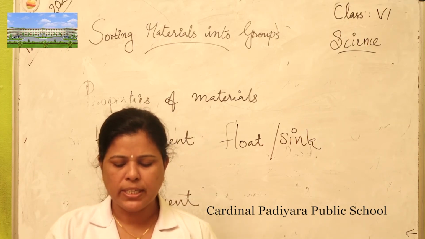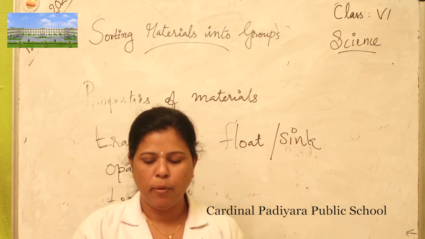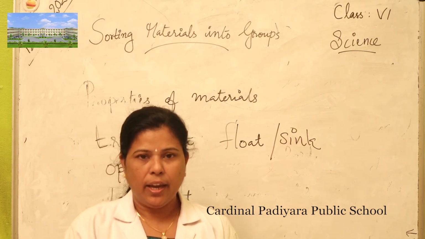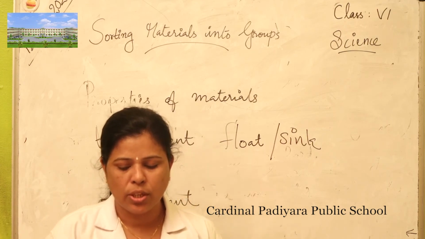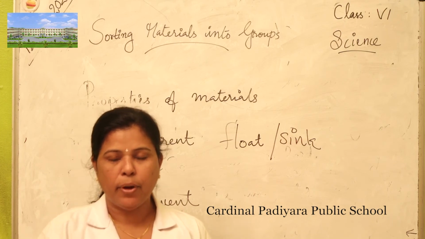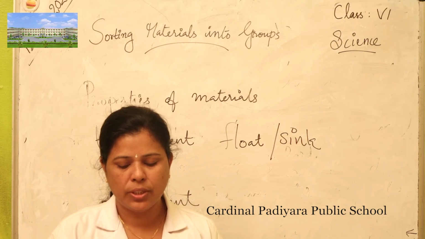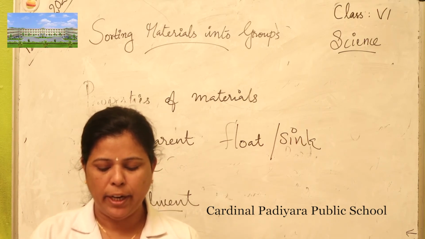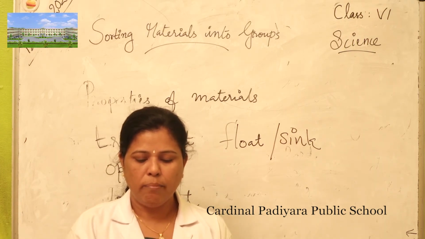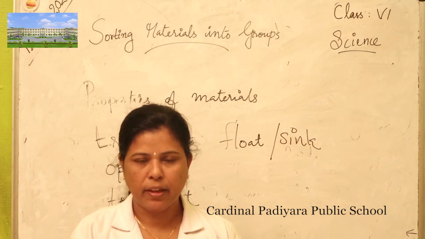So, once again, objects around us are made up of a large variety of materials. A given material could be used to make a large number of objects. It is also possible that an object could be made up of a single material or many different types of materials.